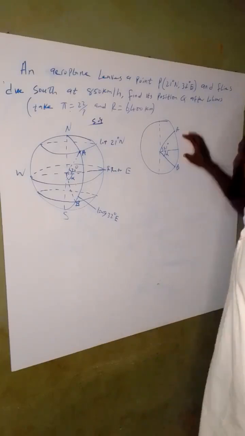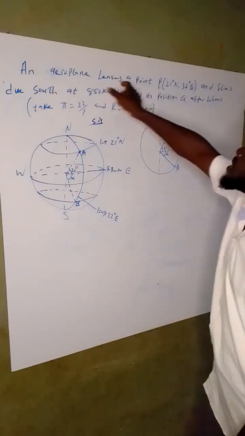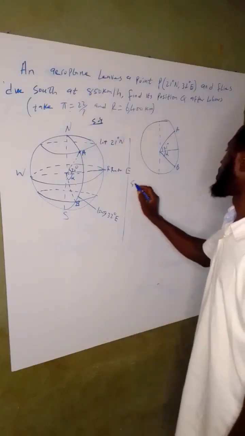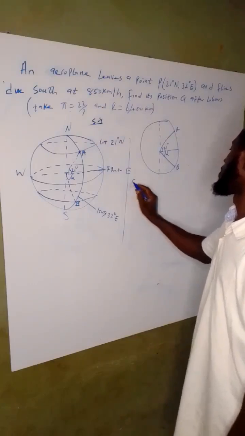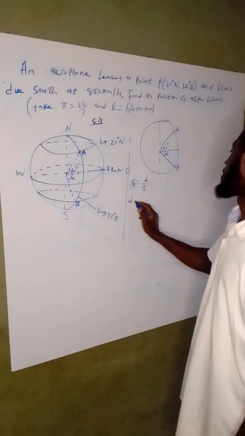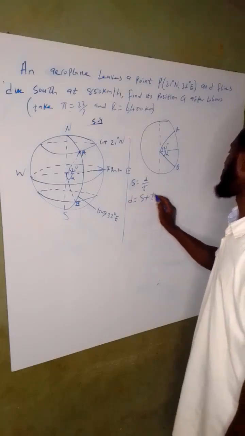If that's the case, we have to find the distance, and we can use the speed to determine it. Speed equals distance over time. By cross multiplying, distance is equal to speed times time.